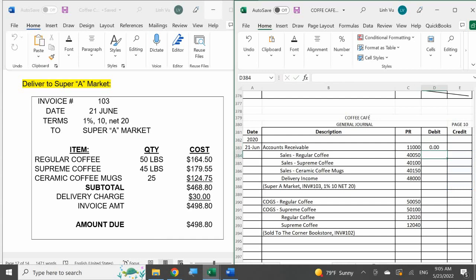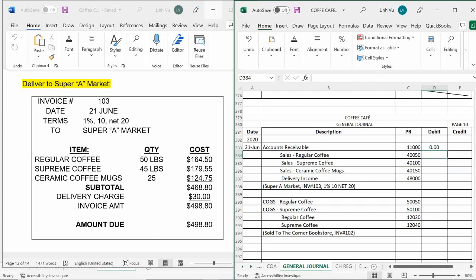Okay, so right now, how much did I sell the regular coffee for? Regular coffee, 50 pounds for how much? $164.50. Okay, how much did I sell the Supreme coffee for?